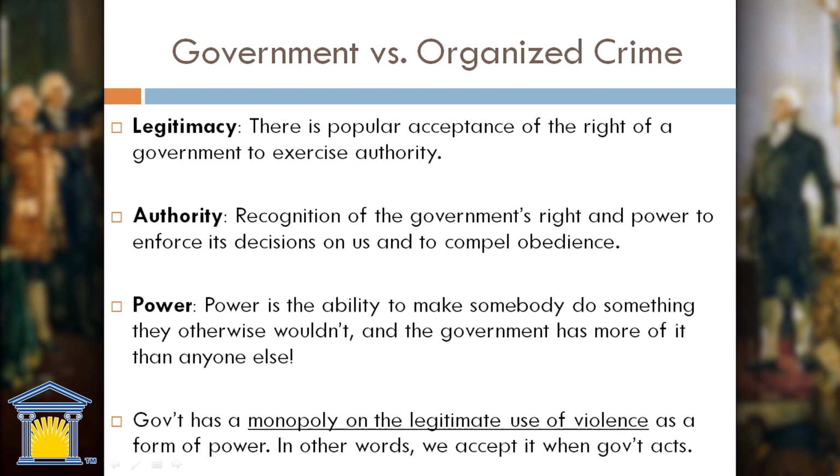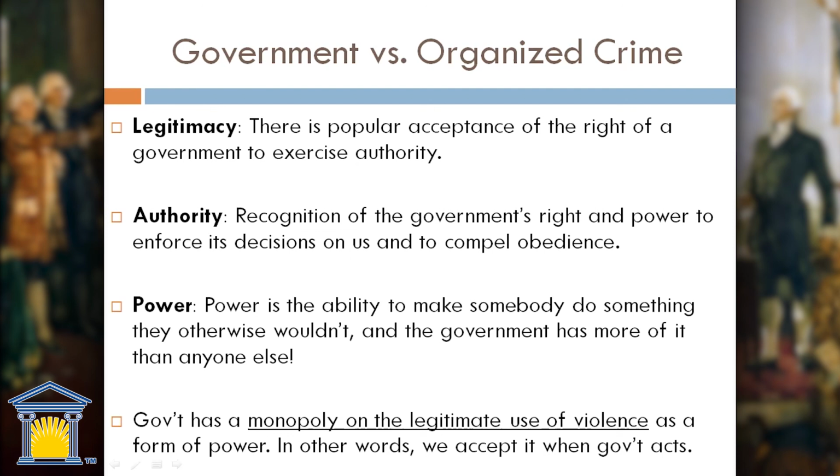So we're going to start to talk about the primary characteristics that help us to distinguish governments from organized crime organizations, right, or institutions. The first key feature, the first big factor used by academics to distinguish governments from organized crime is what we describe as legitimacy.